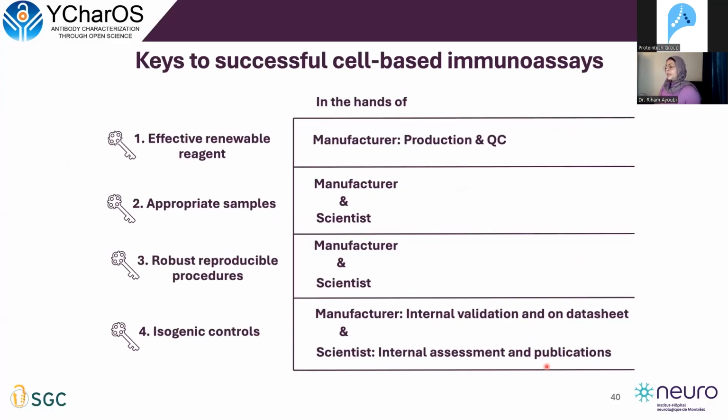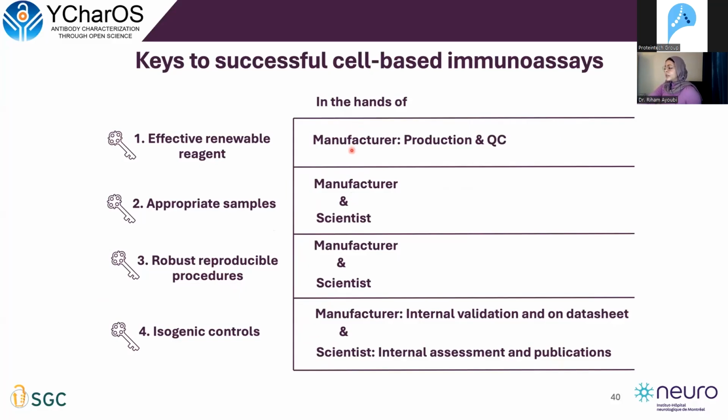Making antibodies is a liability, but so is using them. While all 4 keys are in the hands of the manufacturer, notice that 3 of these keys are also in our hands as scientists and antibody users.